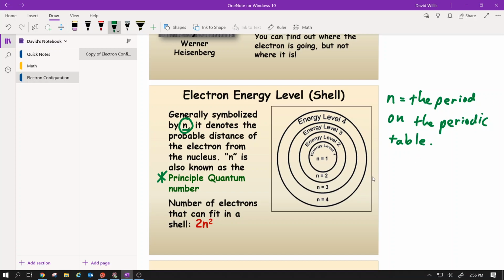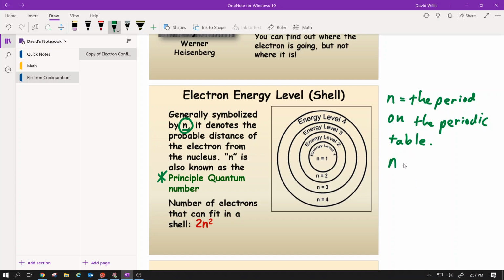Okay. So if we come down to the fourth row on the periodic table, that will be filling in the fourth energy level. I thought you said you want to write in as the principal quantum number. I do. So N is the principal quantum number, but it corresponds to which period on the periodic table you're filling in terms of energy level.